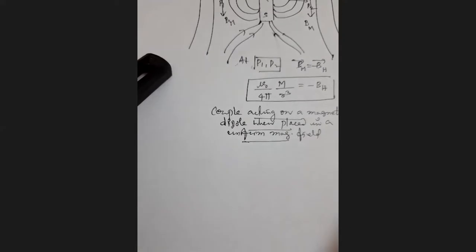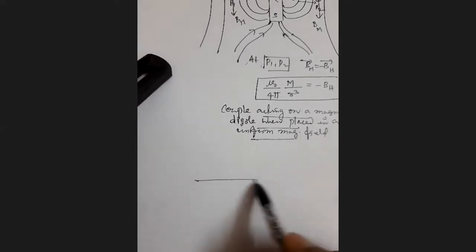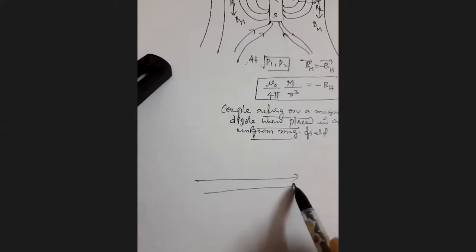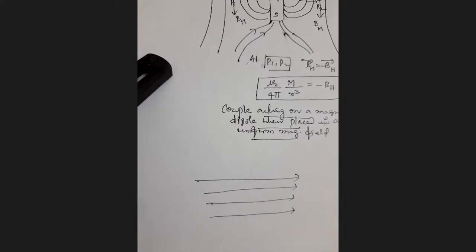Yes, let us see. For this, consider this diagram. This is a uniform magnetic field. Hence, I am showing parallel and equidistant straight lines, right?